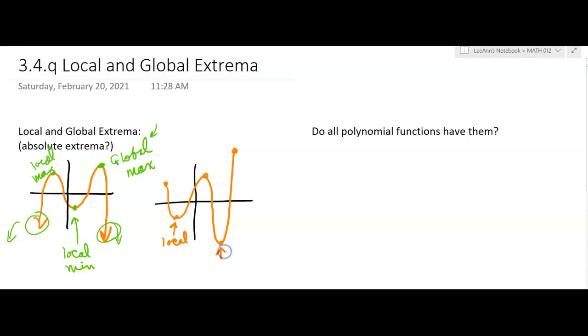And then this would be, I would call it an absolute, but you can use the word global or absolute min. And then we have maximums, right? So here's a local max.